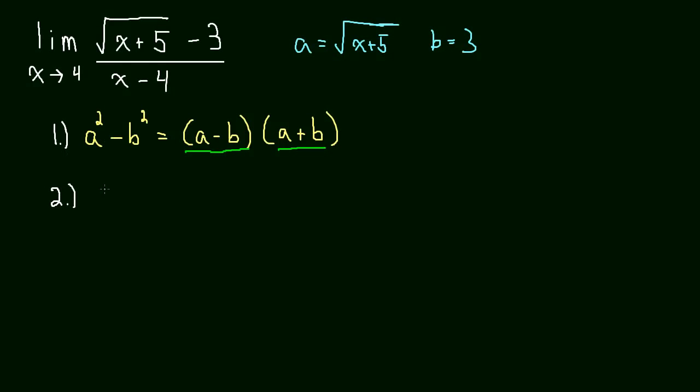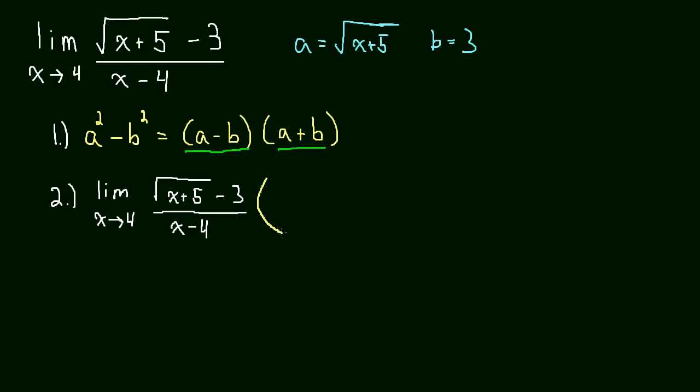So step 2 will be to utilize everything I just talked about. So it's the limit as x approaches 4 of the square root of x plus 5 minus 3 all over x minus 4. And we said we're going to multiply by a plus b. So let's do that.